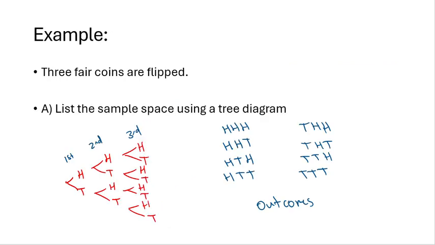Now, this is just an example here. I know they've done it weirdly, but it says three fair coins are flipped. I've drawn a mini tree diagram to represent what I want. Part A just says list the sample space. As you can see, I've listed everything.